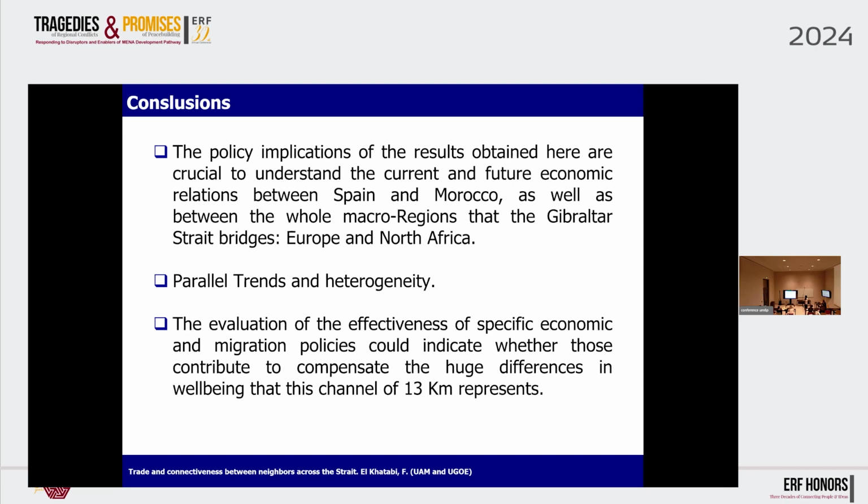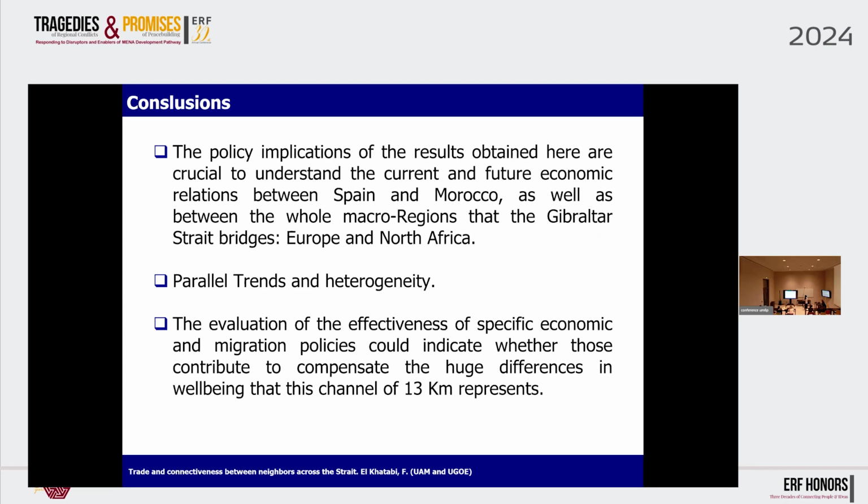There are many policy implications, but summarizing, the results obtained here are crucial to understand the current and future economic relation between both countries, as well as the macro regions that the Gibraltar Strait bridges, Europe and Africa, especially North Africa. Of course, this is a first preliminary result. In the future I will focus on the parallel trend as well as the heterogeneity.